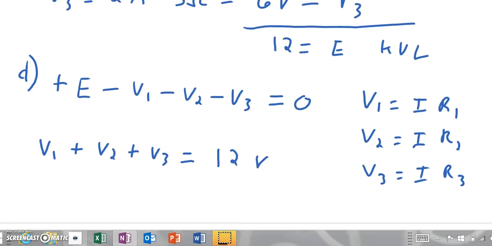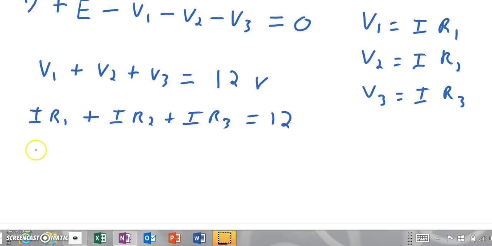Now, we have I times R1 plus I times R2 plus I times R3 equals 12.